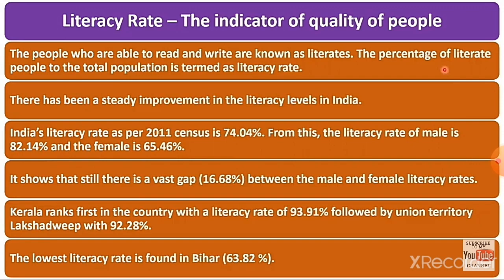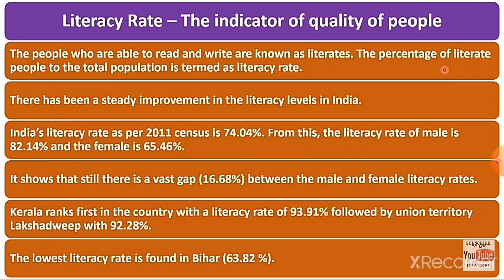There has been a steady improvement in the literacy level in India. India's literacy rate as per 2011 census is 74.04%. From this, the literacy rate of male is 82.14% and the female is 65.46%. It shows that still there is a vast gap between the male and female literacy rate.